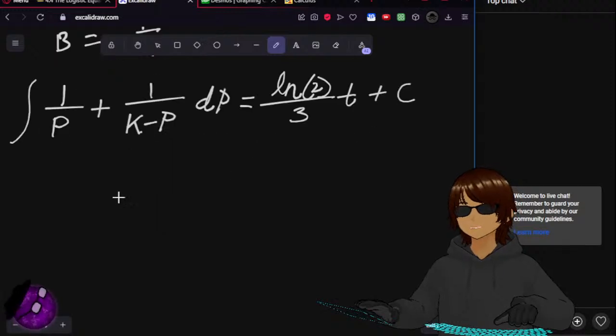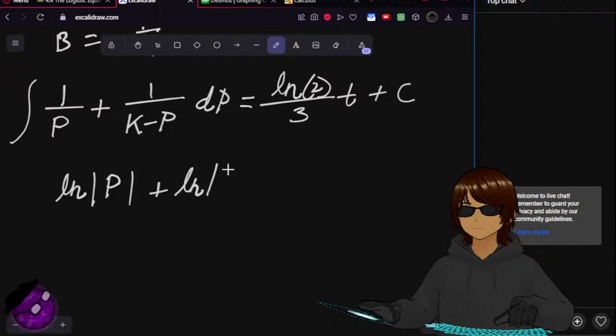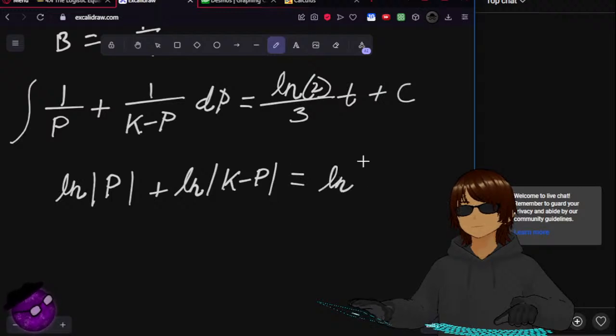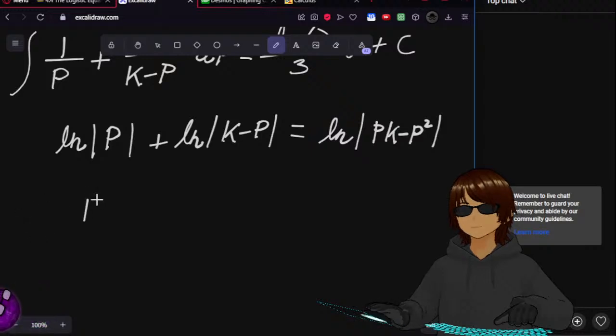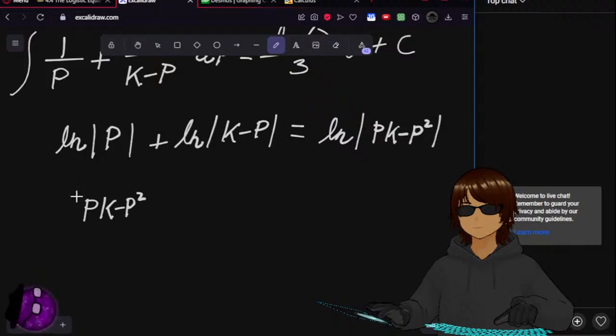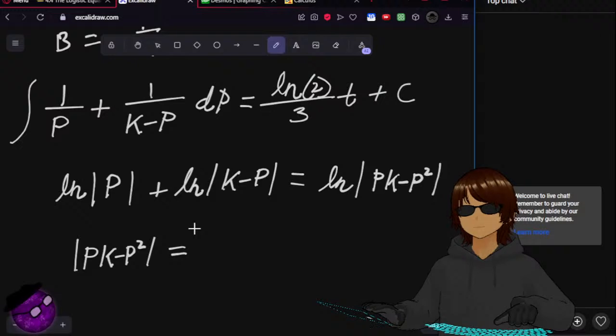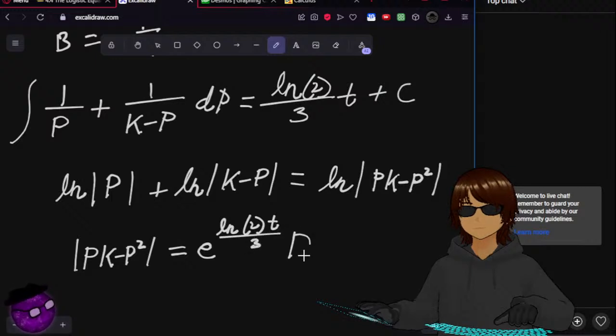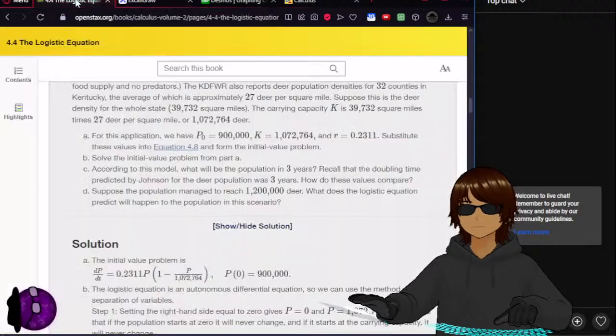Plus it with C. Then I get ln of P. PK minus P square. Is this correct so far?